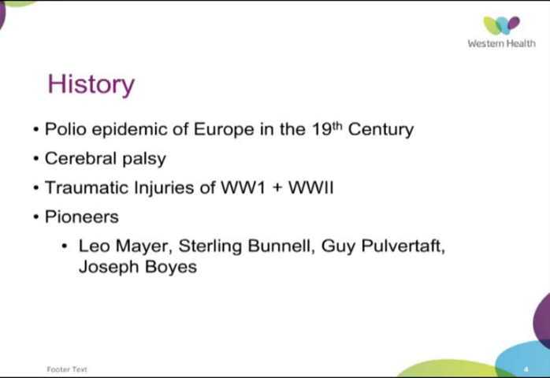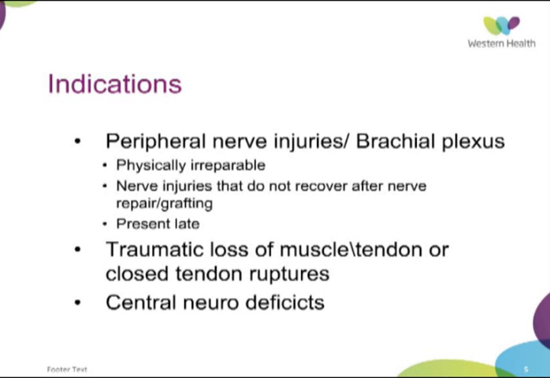Leo Mayer was an orthopaedic surgeon in the early 1900s. Sterling Bunnell is probably the most famous hand surgeon going around. Guy Pulvertaft basically developed the weave technique for end-on-end anastomosis of tendon transfers, and Joseph Boyes was also important in developing many techniques.